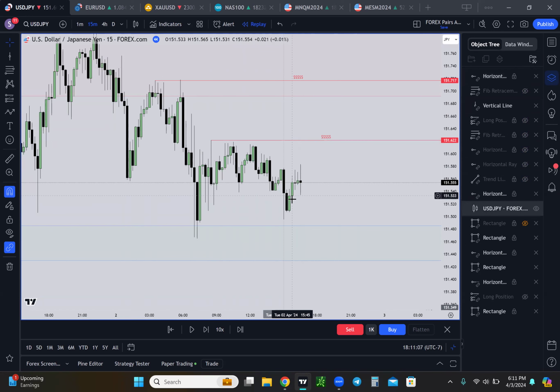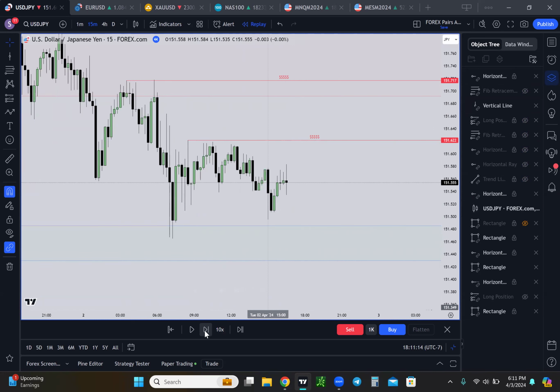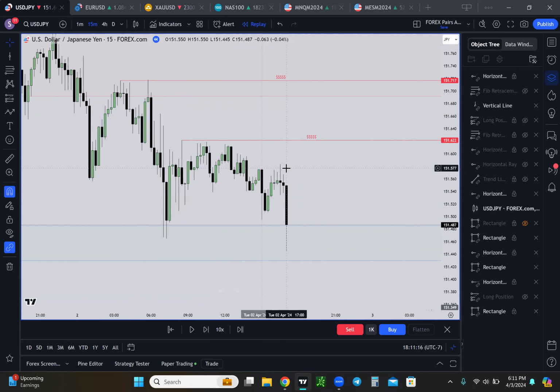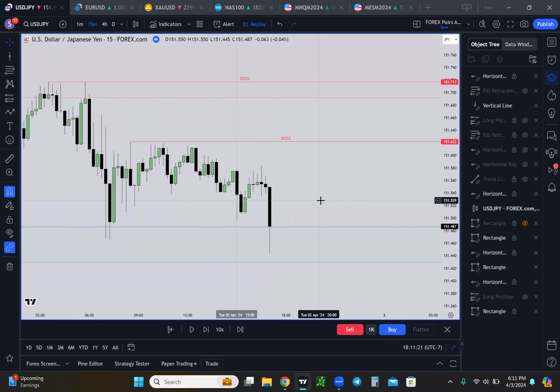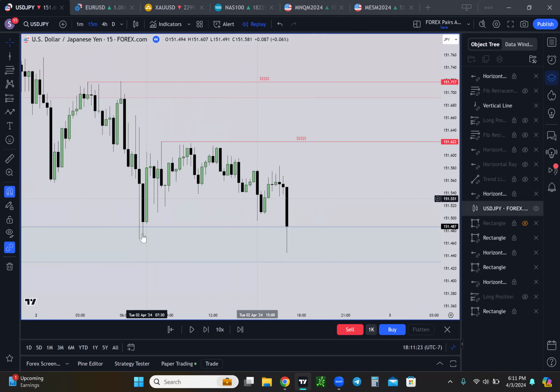But what I need to do is I need to see price turn, and the 15-minute turns on the 1 minute. Okay? So price comes down into this area. Now I'm interested. I'm going to drop into the 1 minute chart. The other thing I've noticed is that there's two things here. First of all, price has breached that level, and it's in this area of the demand that it reacted to previously.